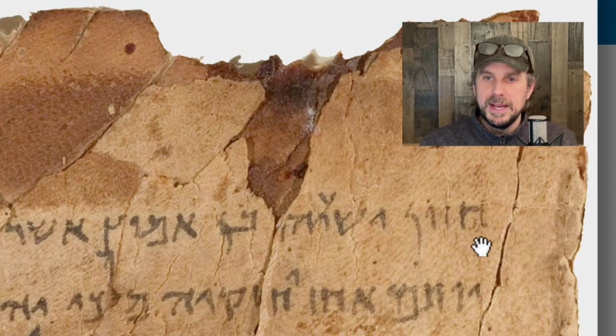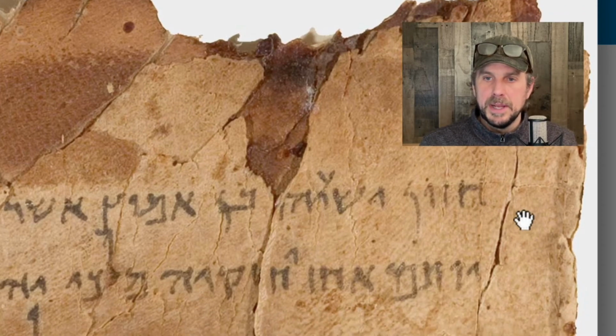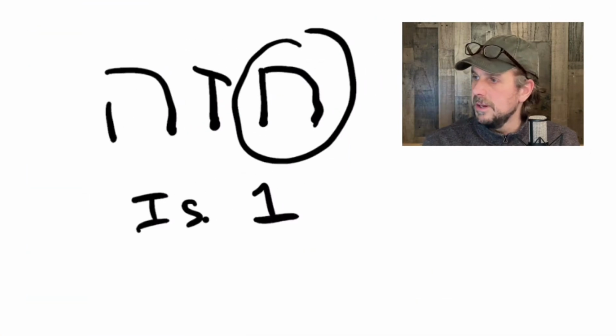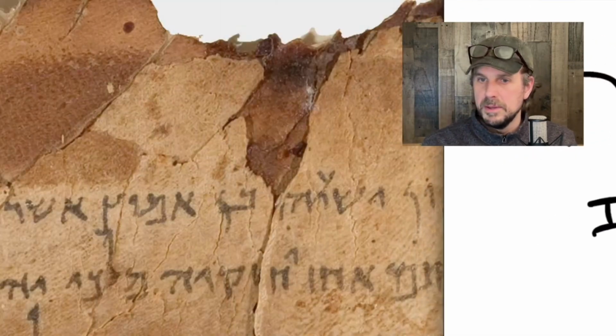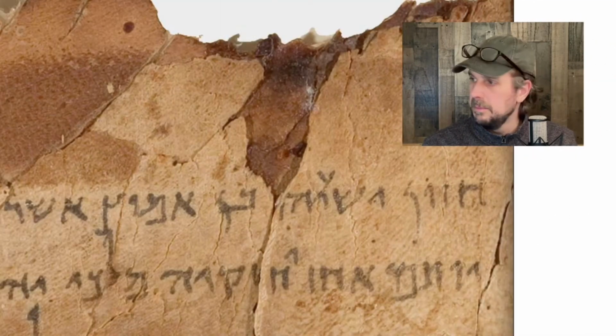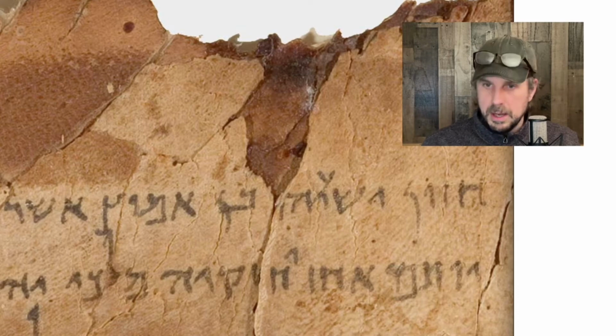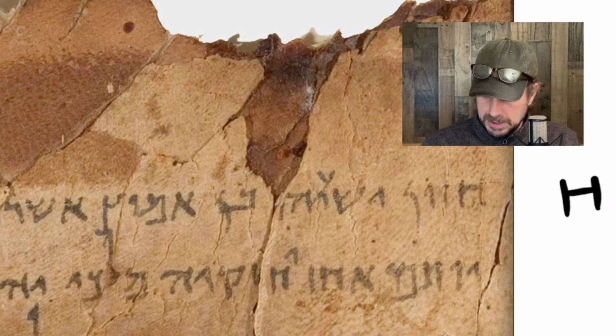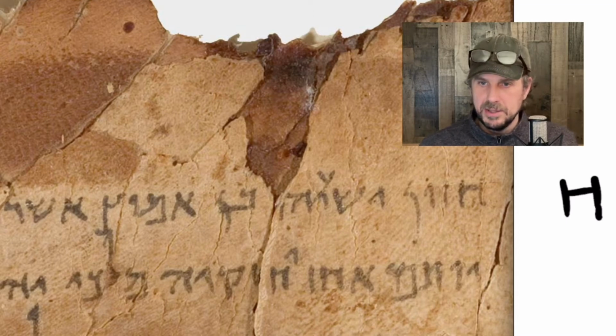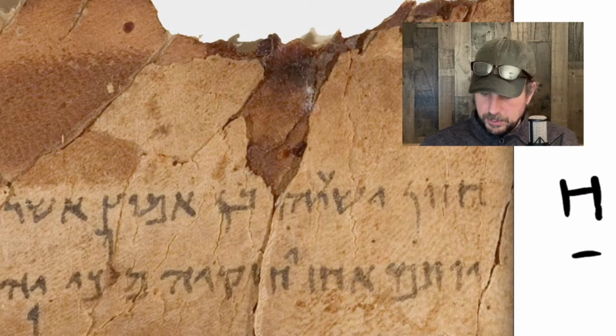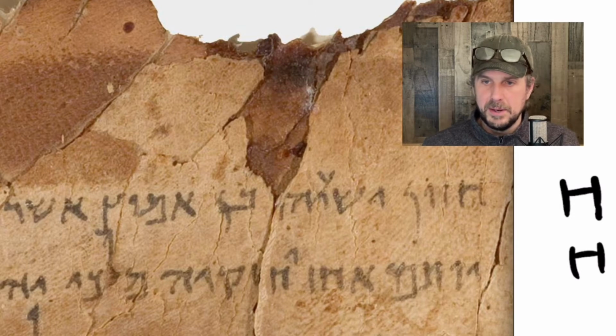But the Chet here is almost like a letter H. It looks like an H. Do you see that? It's got three strokes, two vertical lines and then a horizontal line.